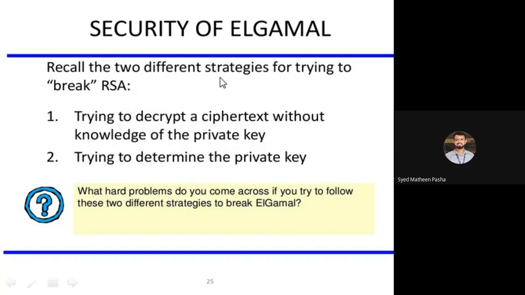So these are some of the security problems which I face with respect to Elgamal. This might be a question which might be framed for this part: what hard problems do you come across if you try to follow these two different strategies to break Elgamal?